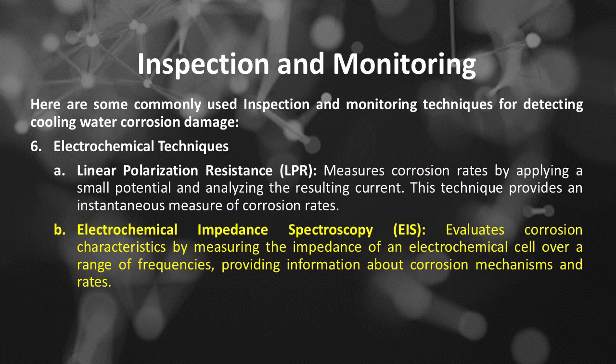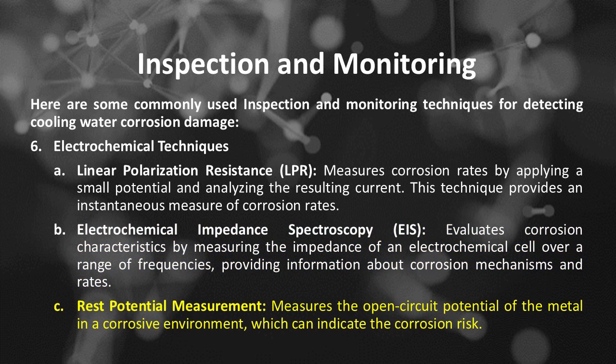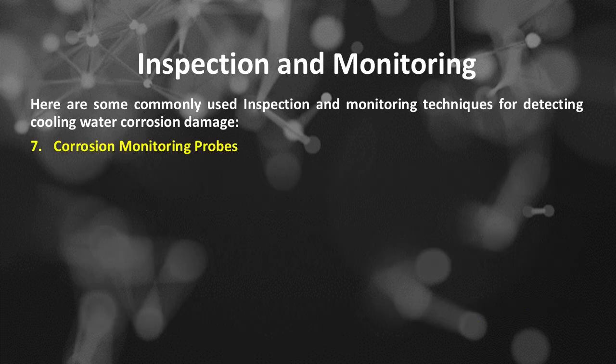Electrochemical impedance spectroscopy, or EIS, evaluates corrosion characteristics by measuring the impedance of an electrochemical cell over a range of frequencies, providing information about corrosion mechanisms and rates. Rest potential measurement measures the open circuit potential of the metal in a corrosive environment, which can indicate the corrosion risk.